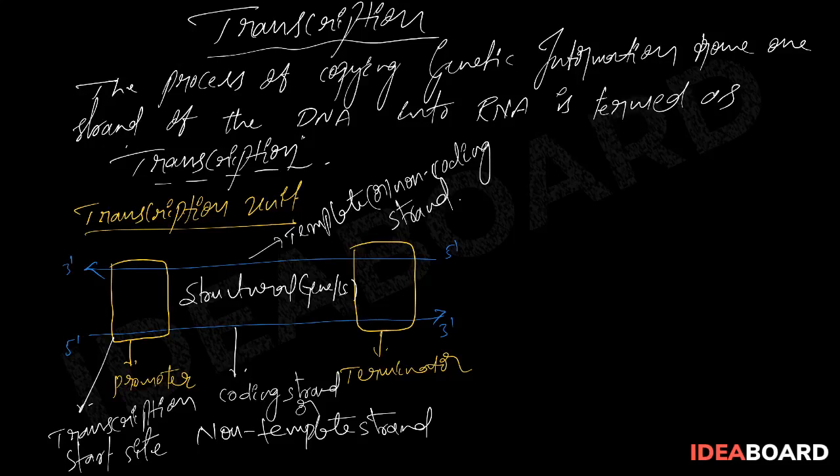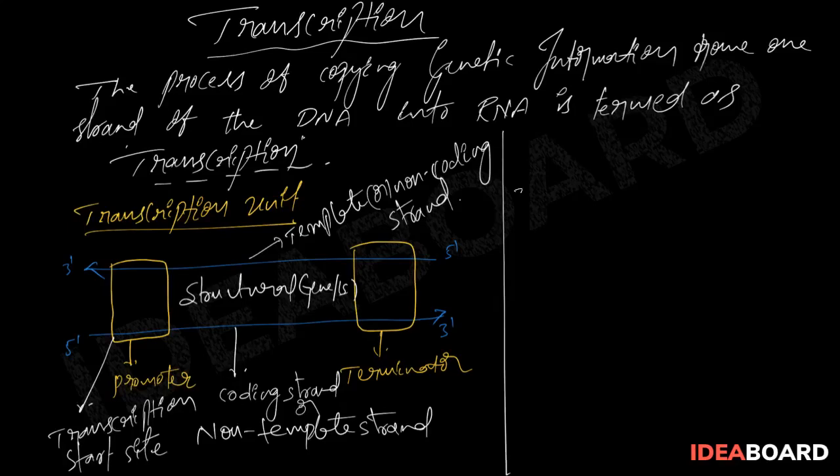The mRNA is synthesized from the 3' to 5' DNA strand. The nucleotides present in the 5' to 3' mRNA are exactly copied from the 5' to 3' DNA strand, except at thymine positions.